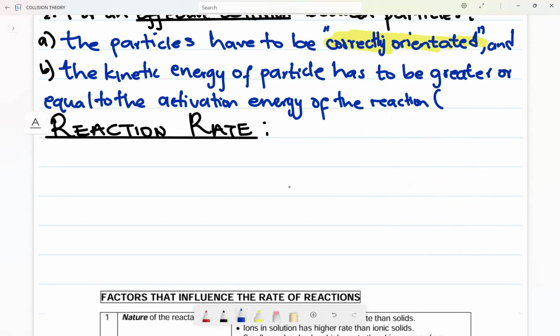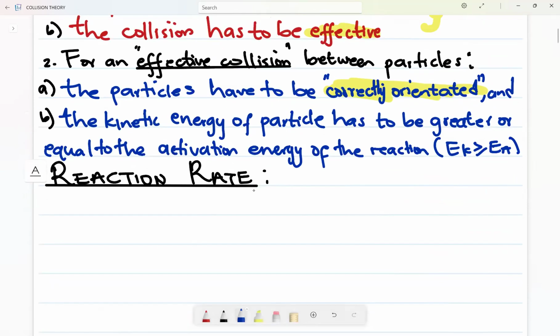Or you can simply say we need EK to be greater or equal to EA. We just need that. Good. Now, remember we have talked about the conditions that are needed. This is very important.